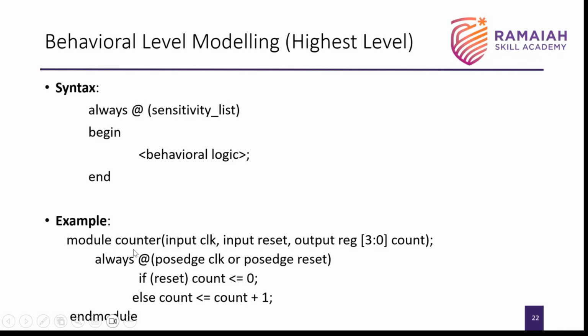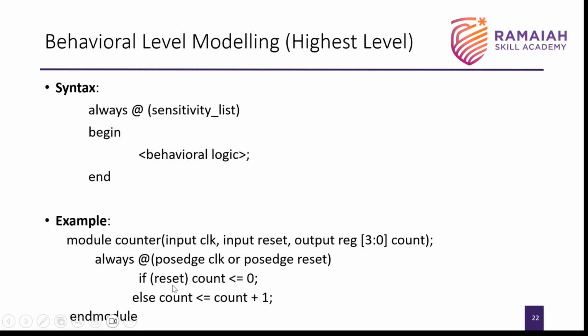Suppose you have a counter. For the counter, we have clock and reset as inputs, and count is the output, which is 4-bit. Whenever the clock is positive or reset is positive, it will check whether reset is high or not.